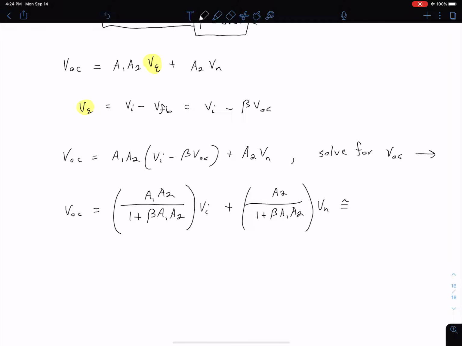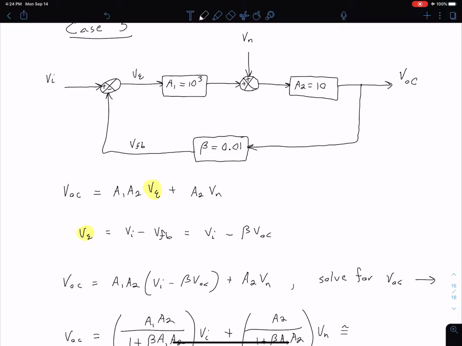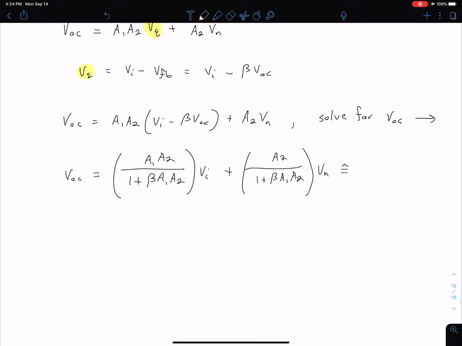And so if we plug in values of A1, A2, and beta, so A1 is 10 to the third, A2 is 10, beta is 0.01, what we get is approximately 99.010 VI plus 0.099 Vn.